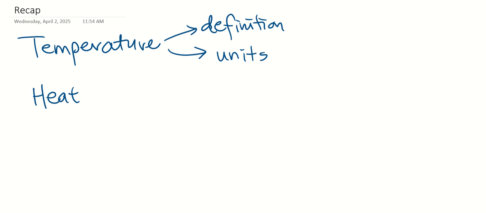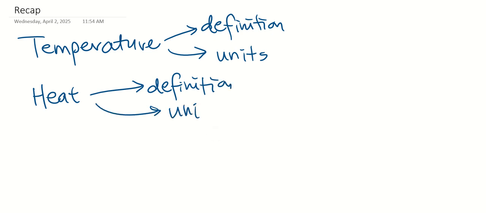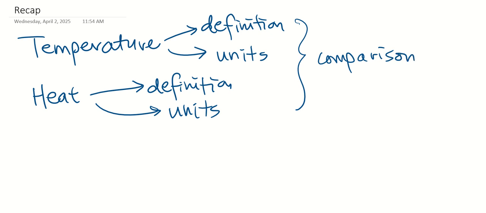The other concept is heat. What is heat? Again, we have the definition and we have the units. And remember, we have a table that actually does the comparison between them. Okay, so this is for the first part of this chapter. It can be found in 10.1.